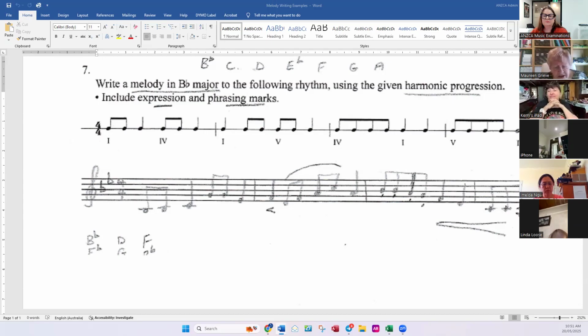The phrasing, I do get a lot of examples where there's one phrase line from the first note to the last note. And I don't think many people would be able to sing the 4 bars in one breath. So I like the phrasing to be more creative.